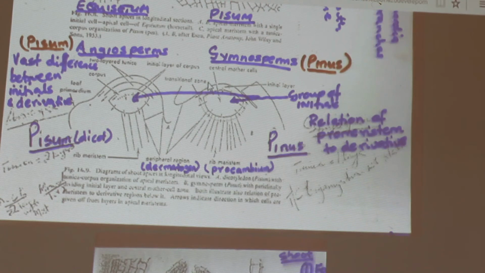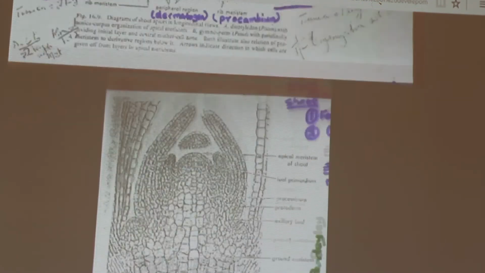Here we have a one layer tunica, and here we have a two layer tunica. Now this mass of cells inside, the body of cells, is called corpus. For us Catholics, when we receive the body of Christ, we say corpus Christi, meaning the body of Christ. So there is a body and there is a dress. Corpus and tunica. So these illustrate the corpus tunica theory of Schmidt.